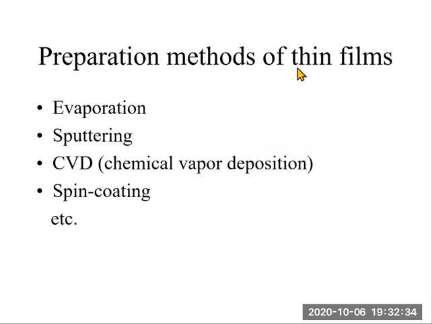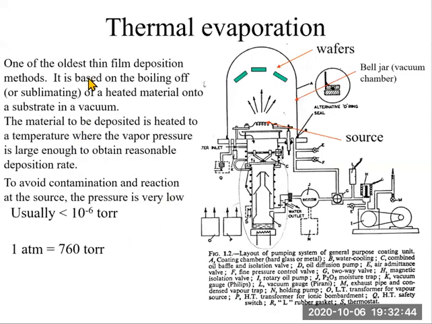Preparation methods of thin film include evaporation, sputtering, chemical vapor deposition, spin coating, and so on. The first method we discussed is thermal evaporation, which is one of the oldest thin film deposition methods.